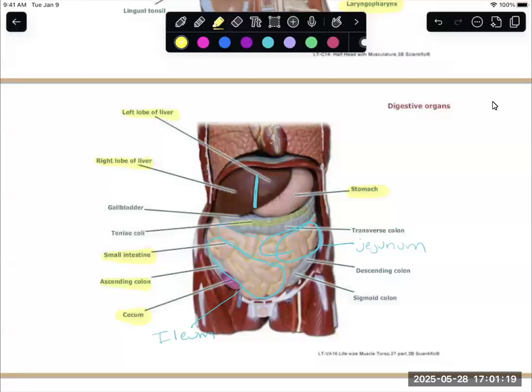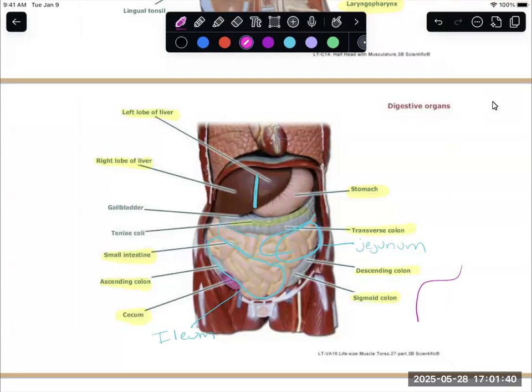Before we go into that ascending colon, then we get that transverse colon, that descending colon, descending coming back down, that sigmoid colon. It's sigmoid because it comes down and around, and somebody thought it looked like a sigmoid, so that's where the name came from.